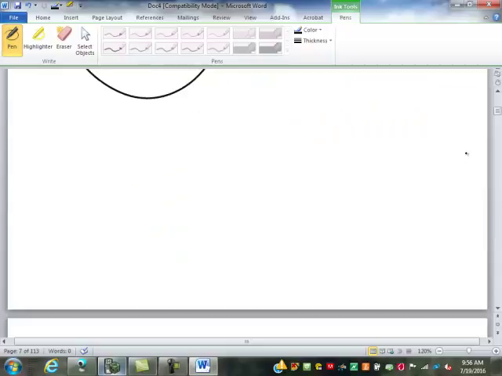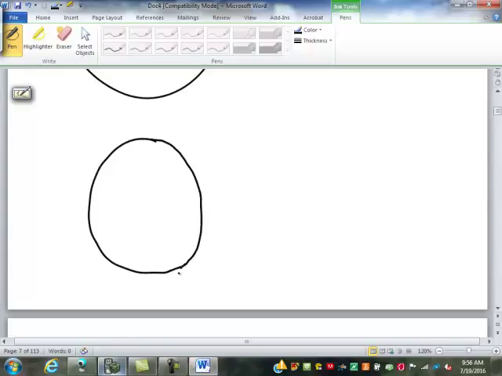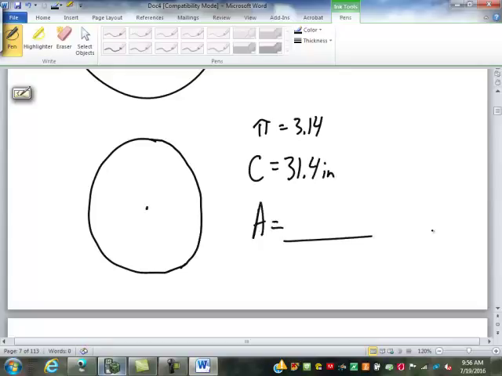Now another little challenge problem for you. I'm going to tell you here that I am using 3.14 for pi. If I tell you that the circumference here is 31.4 inches, find the area. I'm going to give you a minute to think on that.